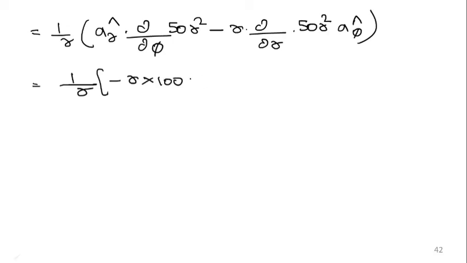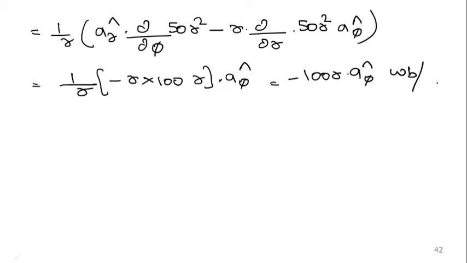I'm directly writing 100 r into A phi. The first one will be 0, since with respect to phi it is 0 into A phi. So that is equal to minus 100 r A phi Weber per meter square.